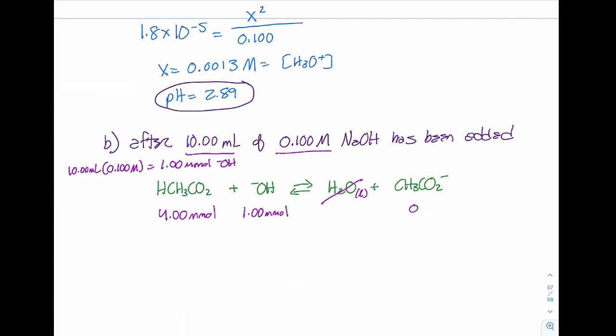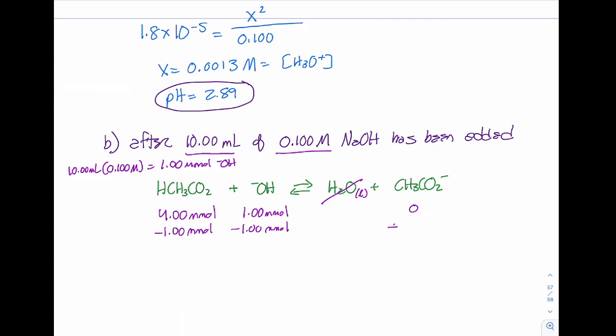We're going to then subtract the smaller of the two reactants from both of them, and then we're going to add it to the product side. When we were doing our strong acid, strong base one, the only thing I had in products was water, but here I actually have something that is basic, right? My acetate ions will react with water. They are going to be important. So we do need to add it to the product side. So I'm going to subtract the 1, because that's my smaller of the two.